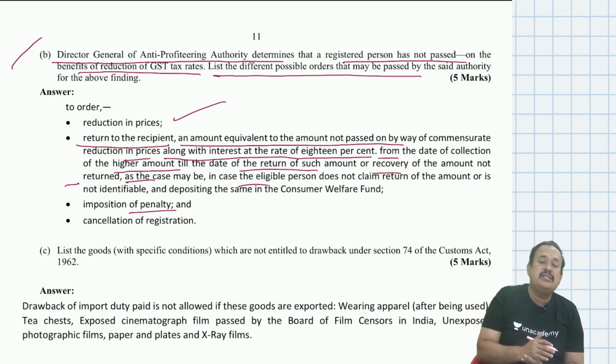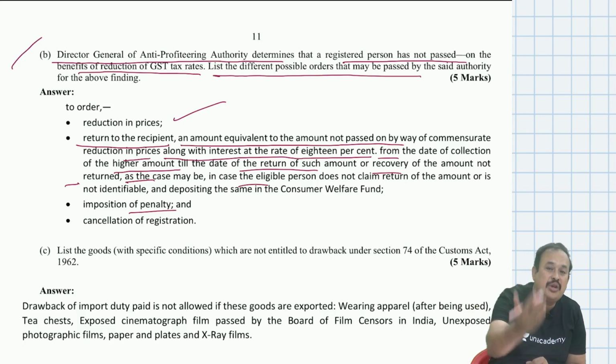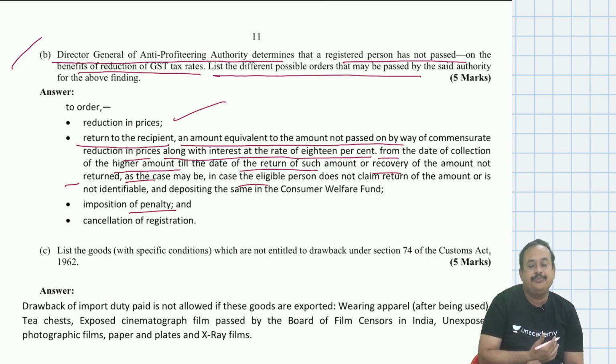In that case, that will be collected by the department if not paid to the person from whom you collected, with the interest rate of 18% per annum. Your registration may be cancelled or a penalty may be imposed on such person. Like that, orders will be issued by the anti-profiteering authority where there is reduction in prices on account of reduction in taxes and the benefit is not passed on to the end user.